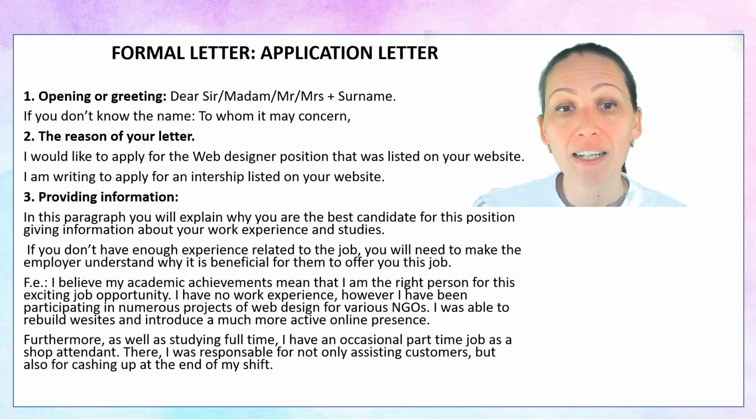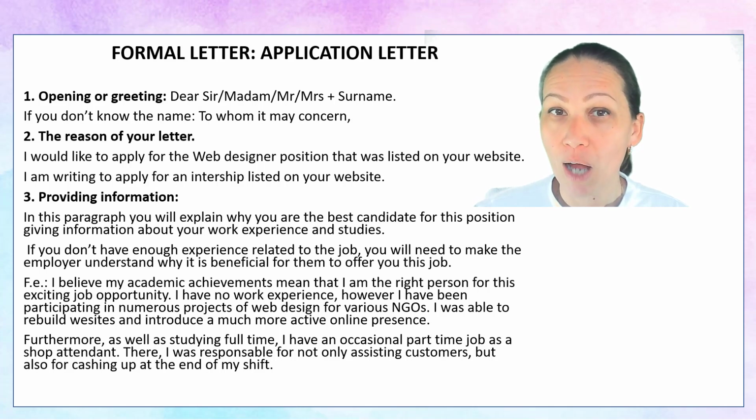Furthermore, as well as studying full-time, I have an occasional part-time job as a shop attendant. There, I was responsible for not only assisting customers, but also for cashing up at the end of my shift.